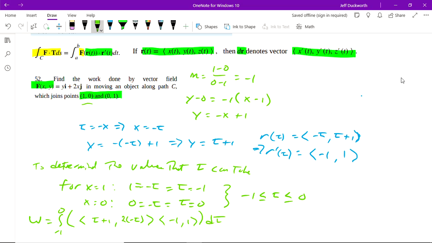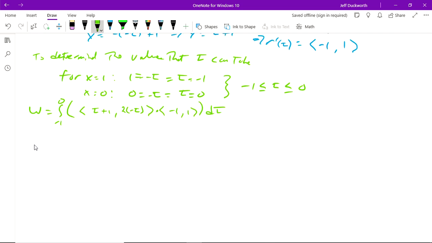We'll take the dot product of these two. Put the little dot there. So let's see. So that's negative t minus 1 plus negative 2t times 1, so plus negative 2t.